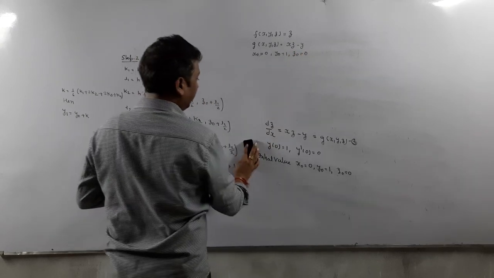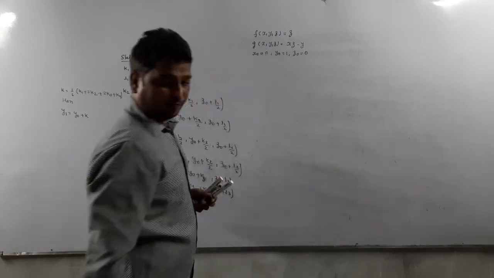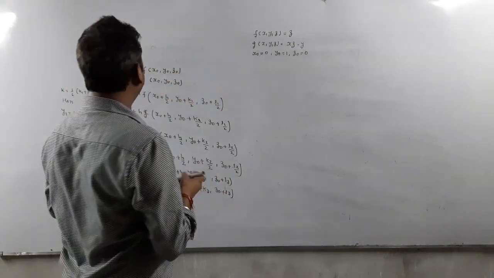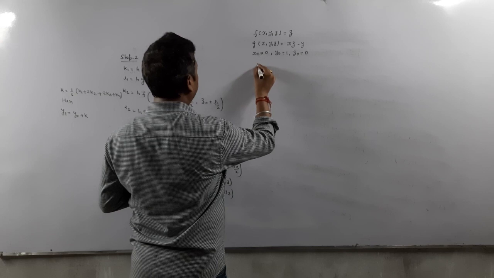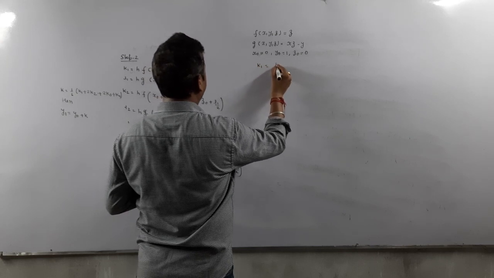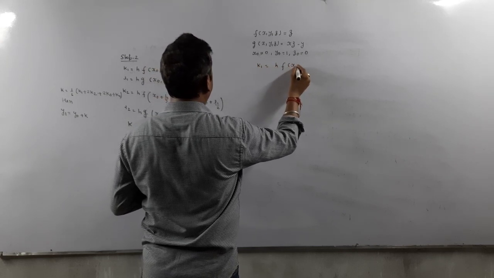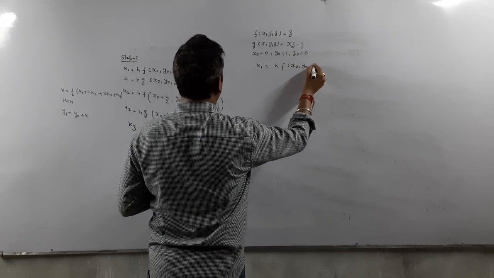So first we calculate the k1 value. What is k1? k1 is h times f at x naught, y naught, z naught.